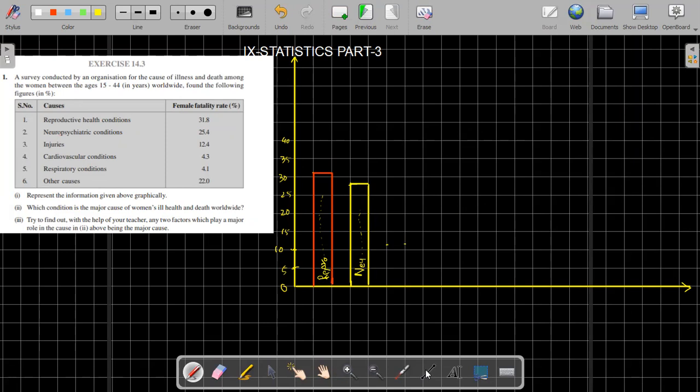I don't have. So this is representing injuries. So here we will write injuries. Okay, like this, injury.